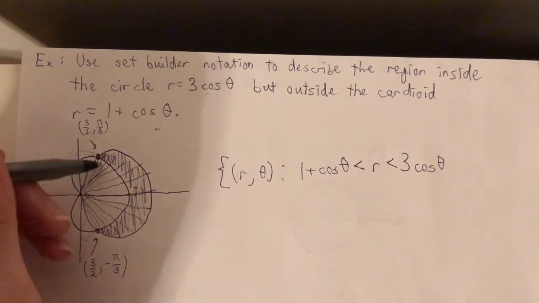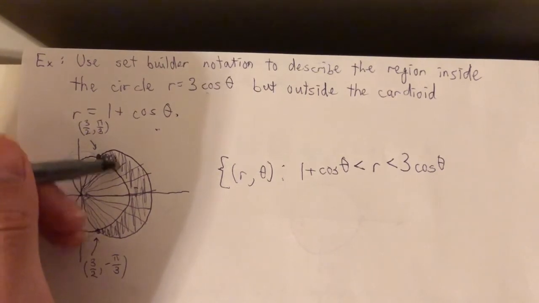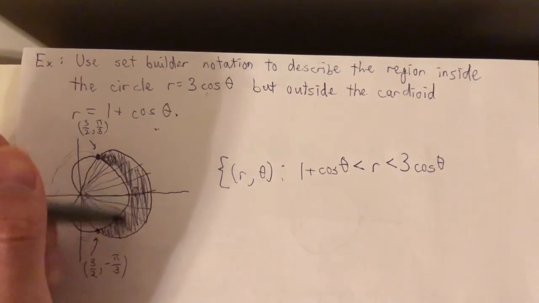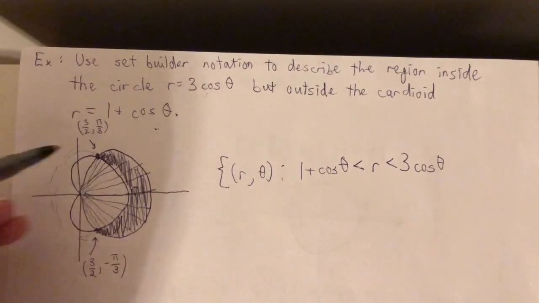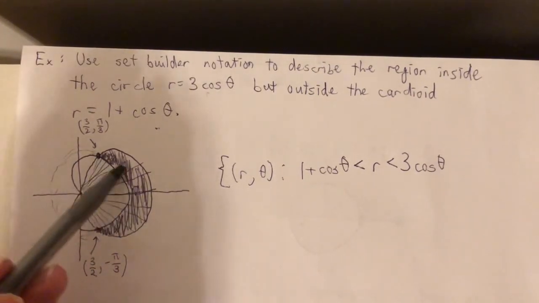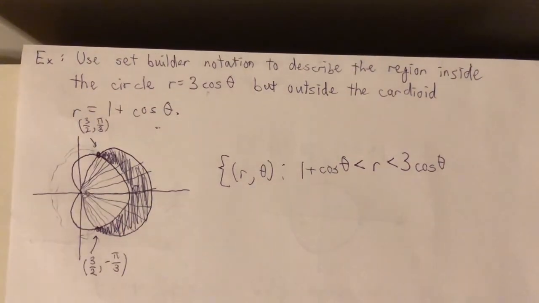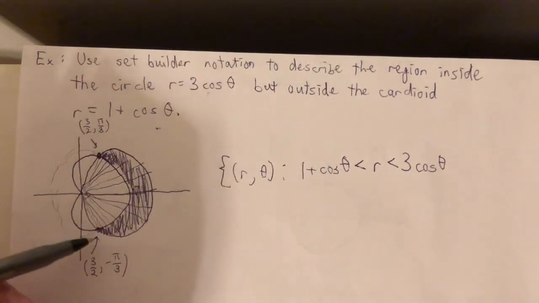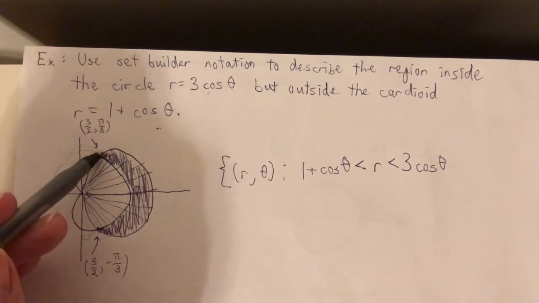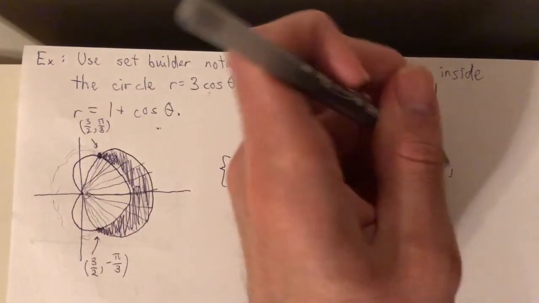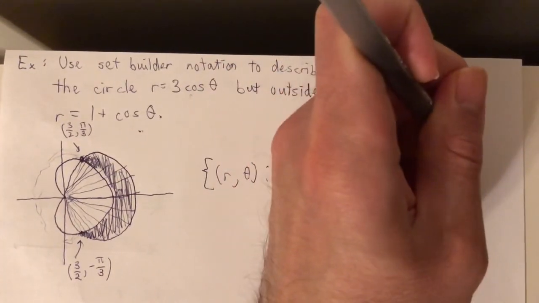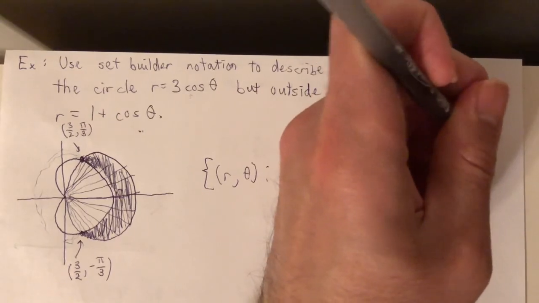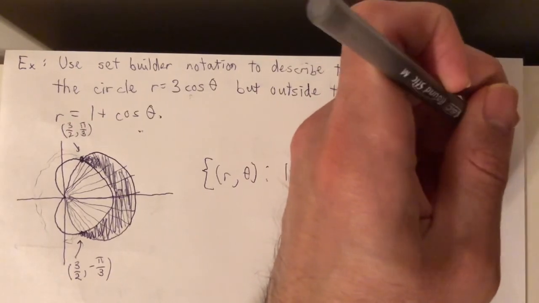But for values of theta in here, for values of theta between my two intersection points, I do have points in this crescent-shaped region. So I'm going to say theta is going to be between negative pi over 3 and pi over 3. So I'm going to write negative pi over 3 less than theta less than pi over 3.